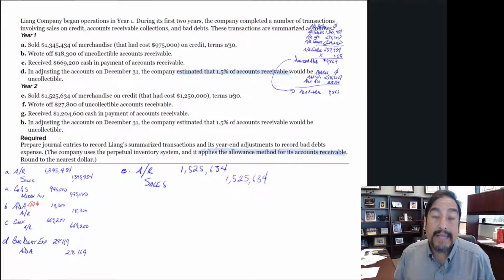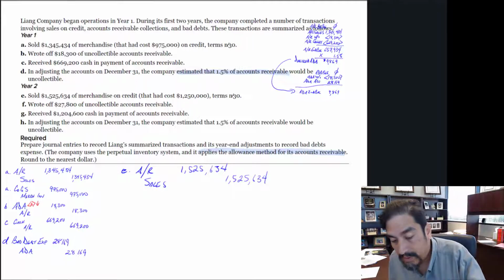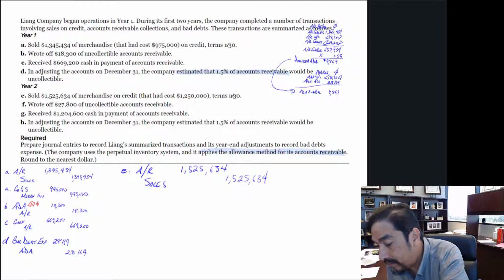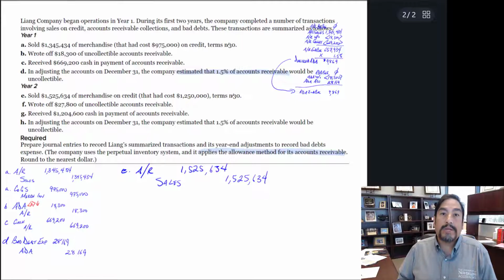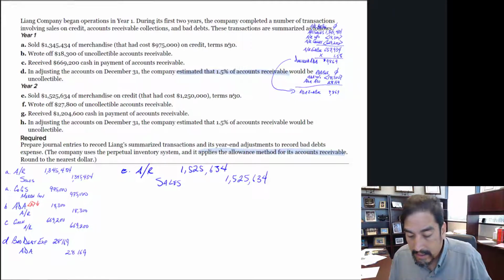Those are our credit sales. I'm going to move this word over a hair, so we can tell that that's definitely our credit. There we go. So there's the revenue piece of E.